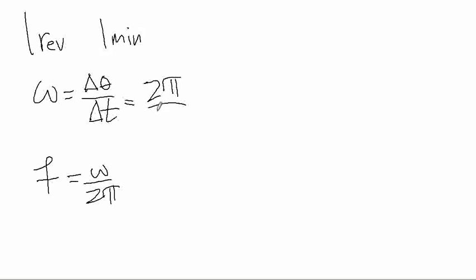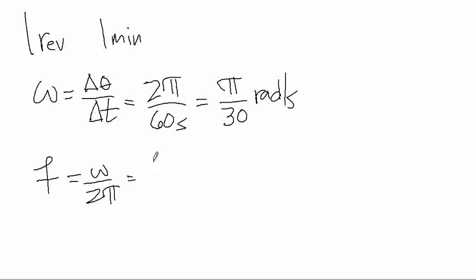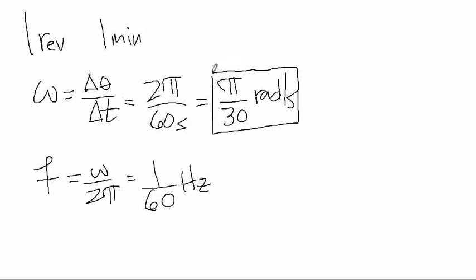For 1 minute, the change in time is 1 minute, which is also 60 seconds. So if I wanted to give the angular velocity in radians per second, it would be pi over 30 radians per second. I can divide that answer by 2 pi and get 1 over 60 hertz for the angular frequency. I hope you understand that.